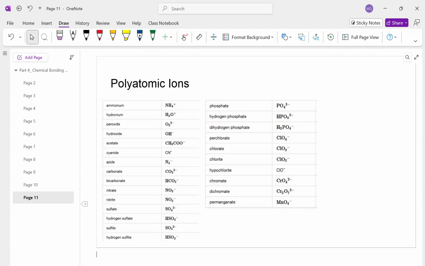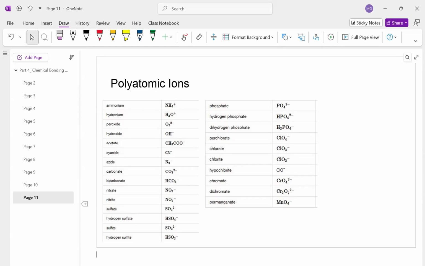Now, last thing I want to cover in this series of lectures is looking at polyatomic ions. Now, every ion we've looked at so far has just been what I'd call monoatomic, meaning there's one atom involved, like a sodium ion or a fluoride ion or so on. But there are ions that are made up of multiple atoms.